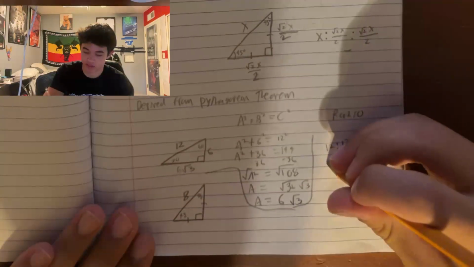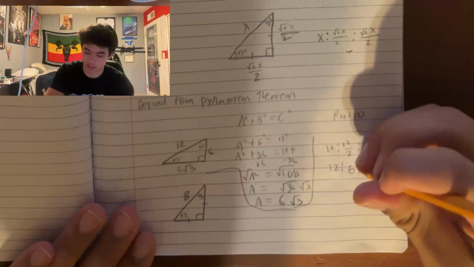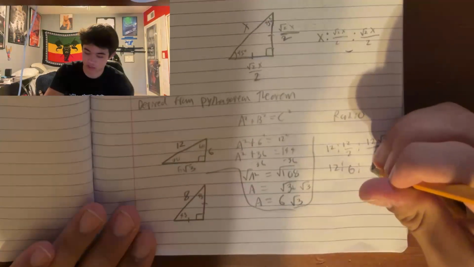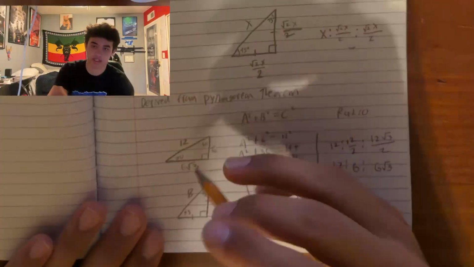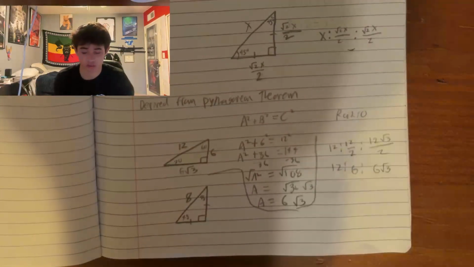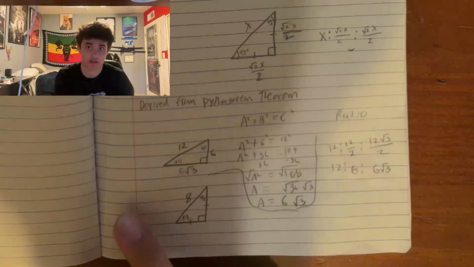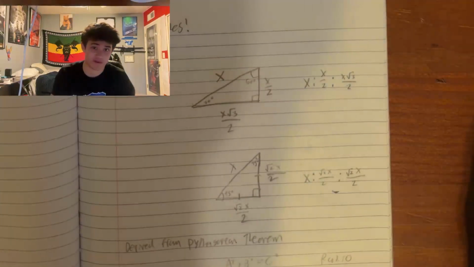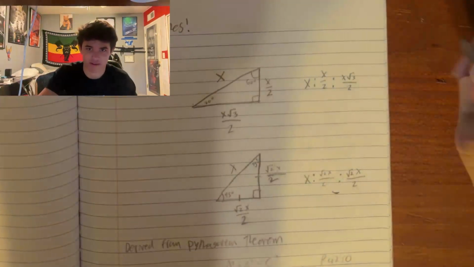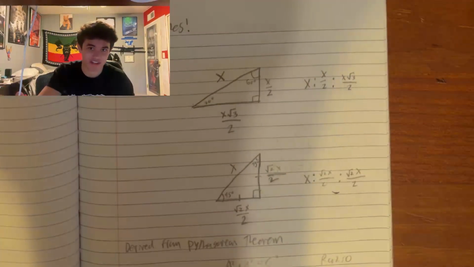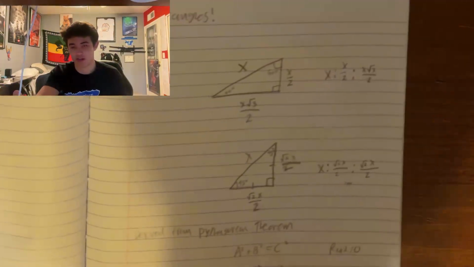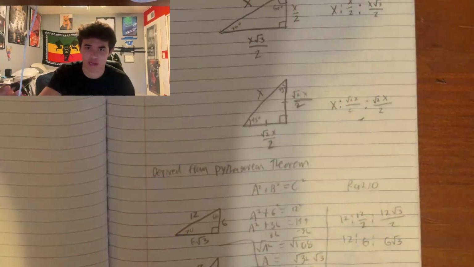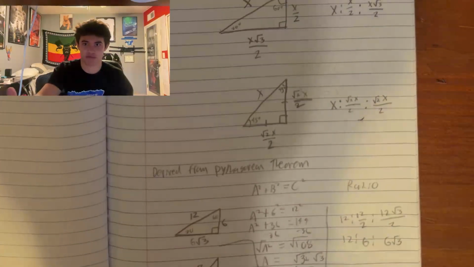And that turns into 6, and then 6 times square root of 3. So we get the same answer either way because they're derived from one another. So just use the ratio. If you want to, you can use the Pythagorean theorem, but the ratio will get you there quicker. If you're solving triangles, a lot of the time you might not even need to solve them.